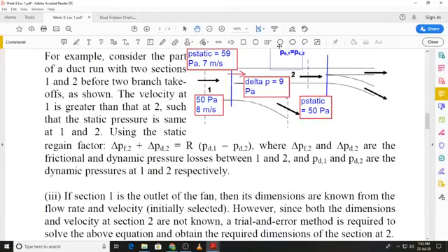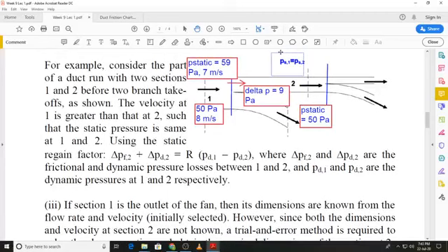And that is what we are saying, that PS1 will become equal to PS2. So reduction in the velocity causes an increase in the static pressure of 9 pascals, and then again there is a pressure drop of 9 pascals, giving us the value of 50 pascals. That was what we started with.